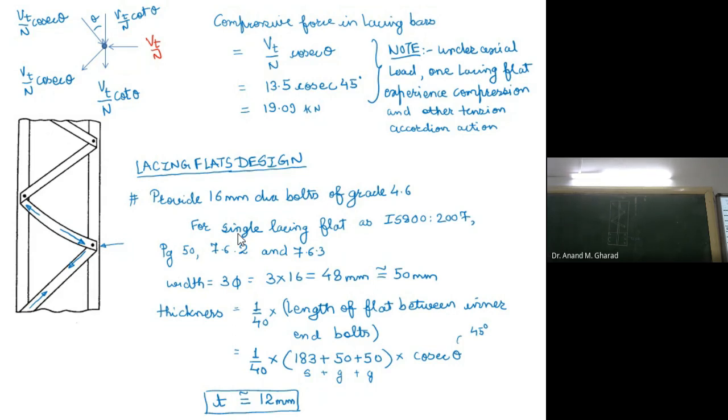So if any structure is non-sway, we can assume its boundary condition as fixed. Are you getting me what I am trying to say? If it is sway, then it is somewhere between fixed and hinge. It won't be fixed because it is getting deflected. There is some kind of translation.